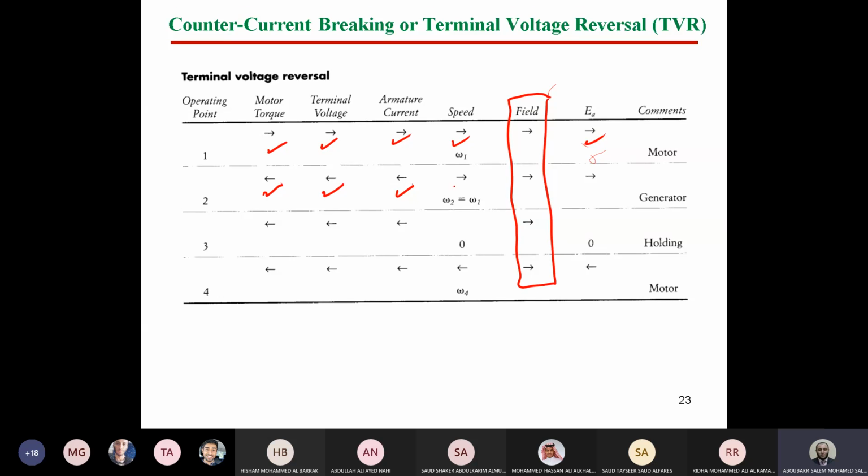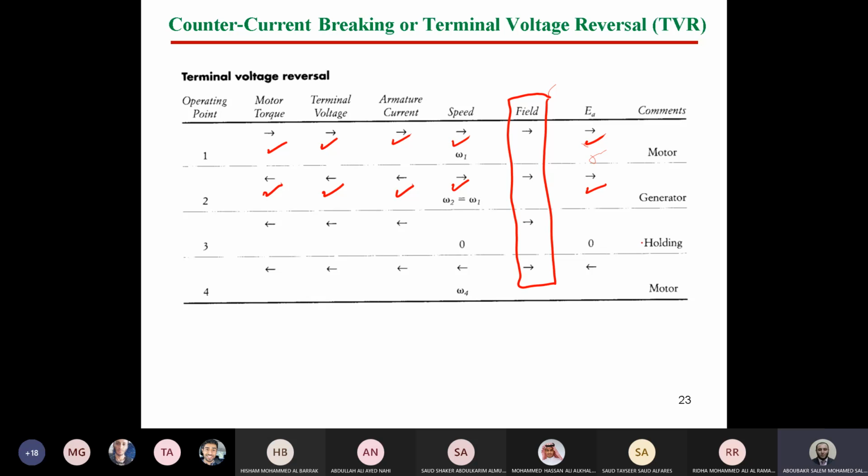The motor speed will be the same value because, as we said, at the same instant the speed will not be changed, because a change in mechanical systems takes time. So speed at points 1 and 2 will be the same value and direction. And finally E will be the same. At all times, guys, since speed and field are the same, the EMF will be the same.